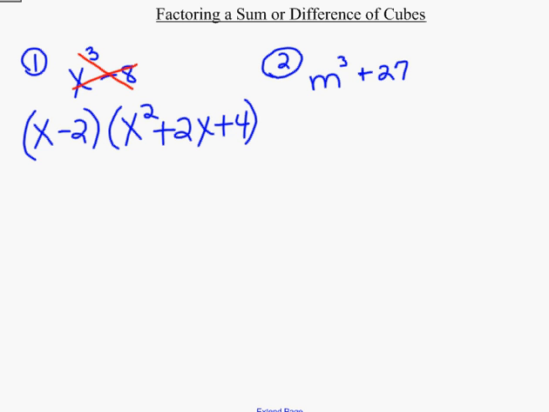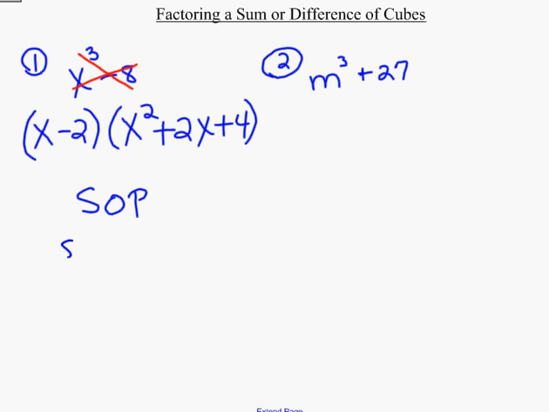So again, it's cubic root of the first term, the same sign, cubic root of the last term. Now look at the binomial you just wrote. Square the first term, write the opposite sign, multiply the first times the last, put a positive sign, and square the last term. So that's SOP for my signs.